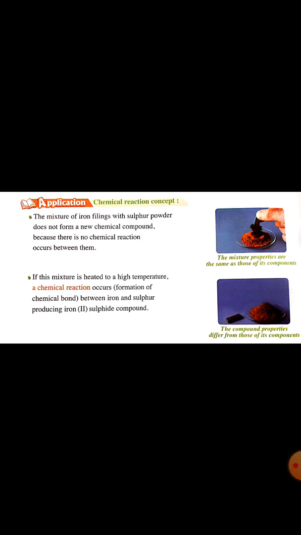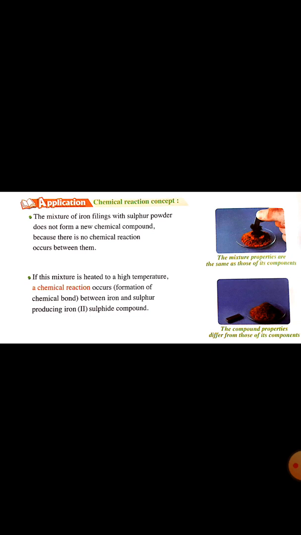Look here, for example, if we have an amount of iron filings and sulfur powder, and we mix them together, it's just a mixture because we can simply use a magnet to separate them.